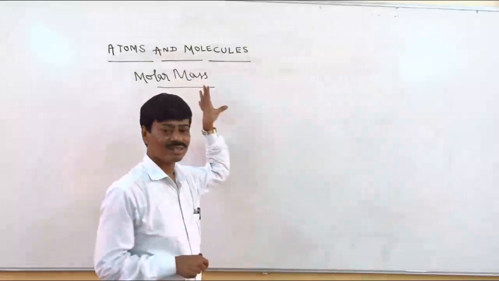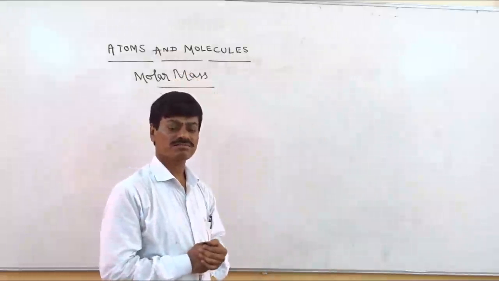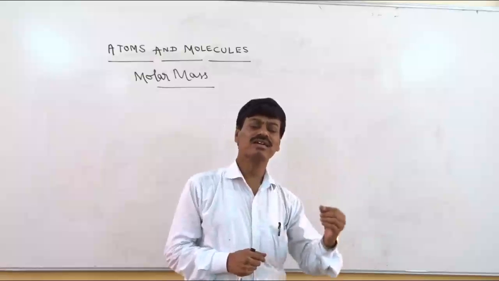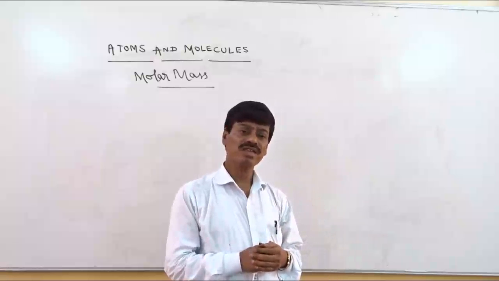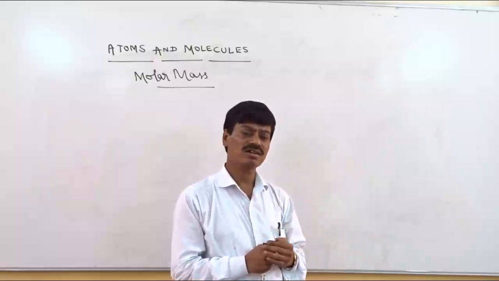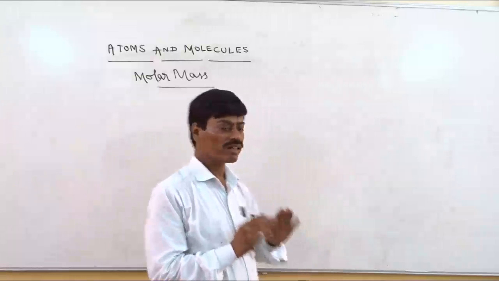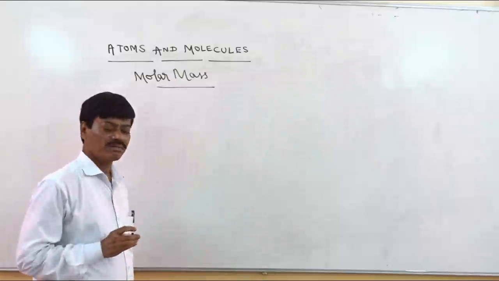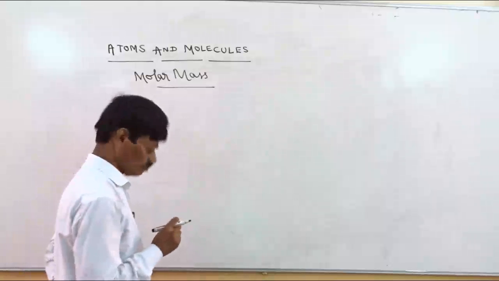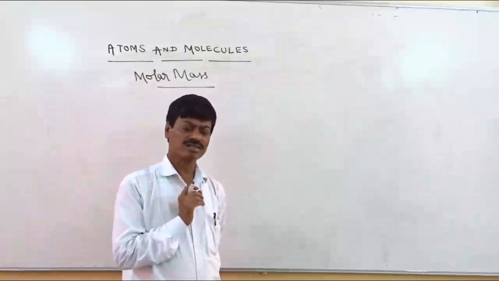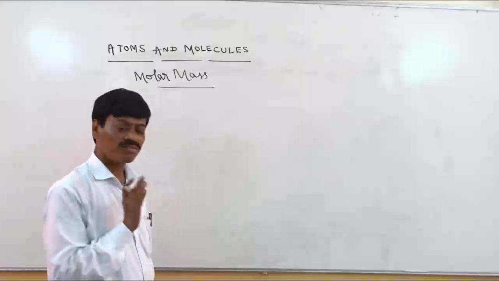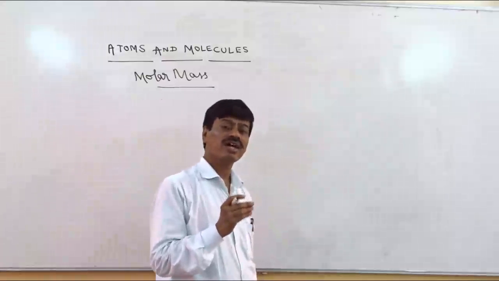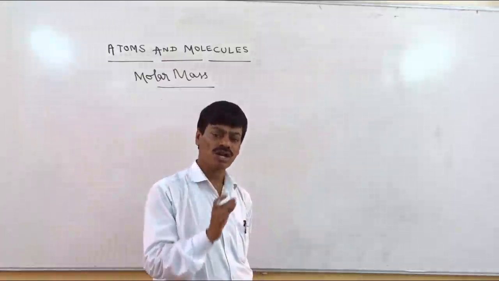Here molar mass is nothing but gram atomic mass or gram molecular mass, that is, atomic masses of the elements in grams, molecular masses of the elements in grams, or molecular masses of the compounds in grams, in short. So wherever you have written U as unit, there if we write gram, then it will become molar mass.